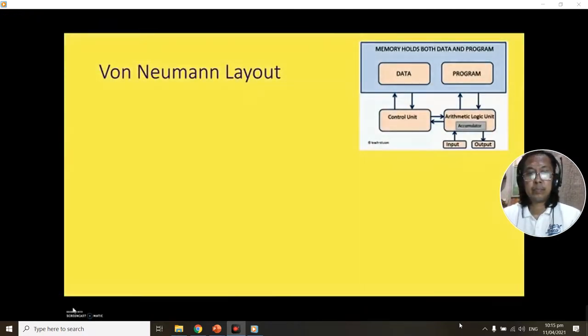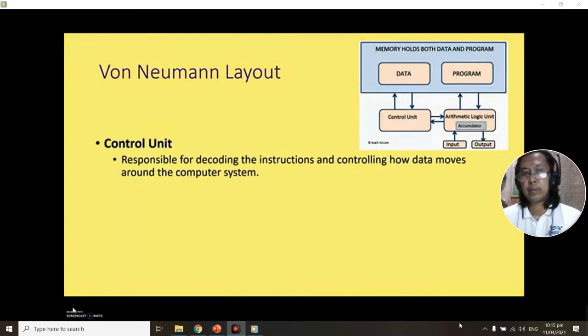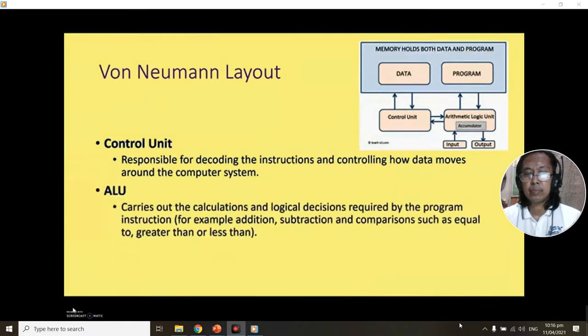So let's go through some of these key points. So we can see here we have a control unit. The control unit is responsible for decoding the instructions from the program and controlling how data moves around the computer system. This is why we call it a control unit. We have the arithmetic logic unit, or ALU, and this basically does all the math and logical functions. It carries out all the calculations.